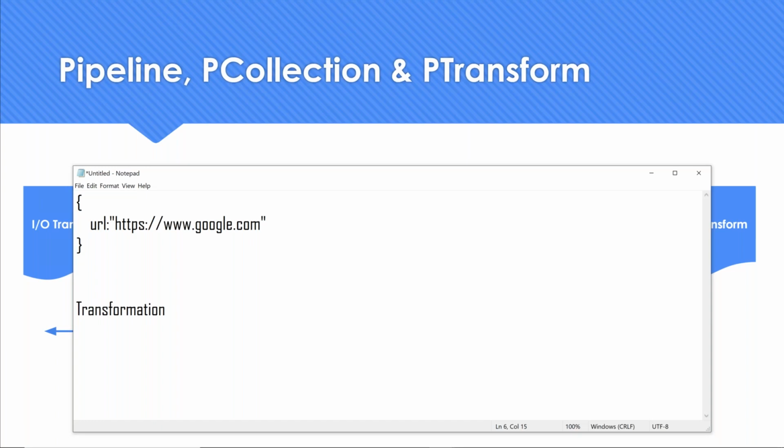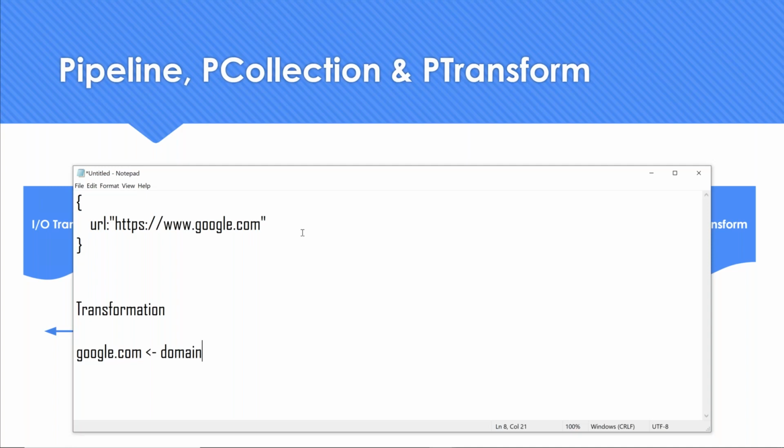The transformation here is that you want to only know the domain from which you're getting a request. So you write some logic in Java, Python, or Go, and the data you're going to get is google.com. This is your domain. This is what I basically want. I just want to know what the domain is.